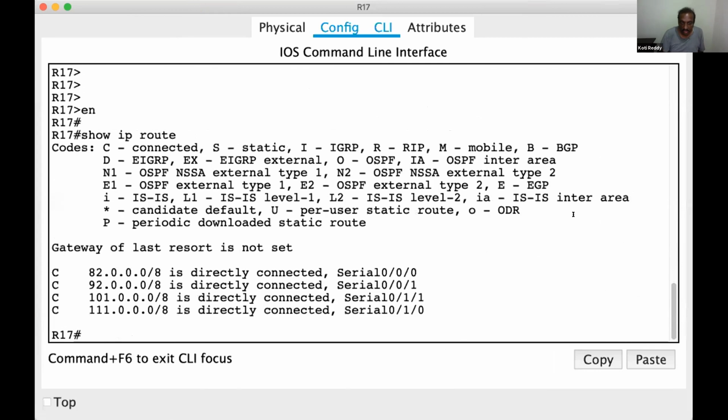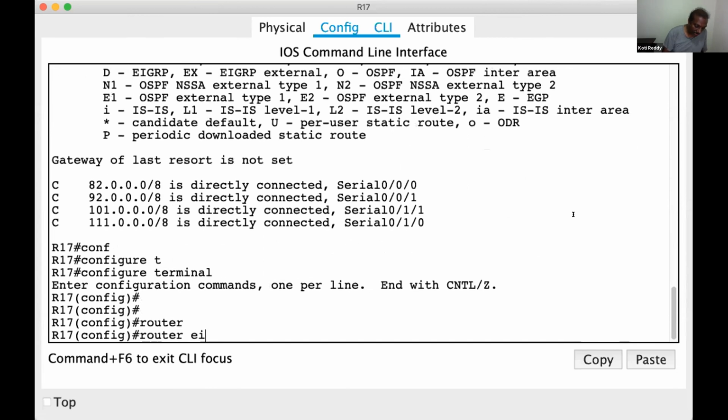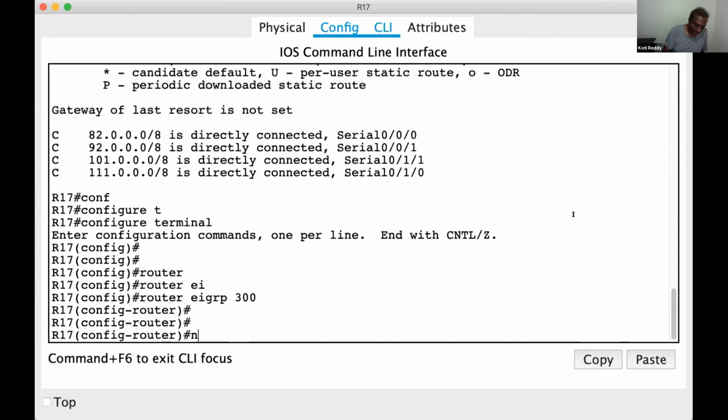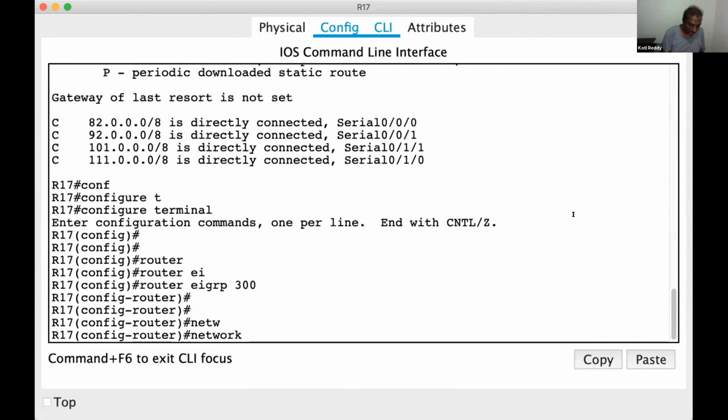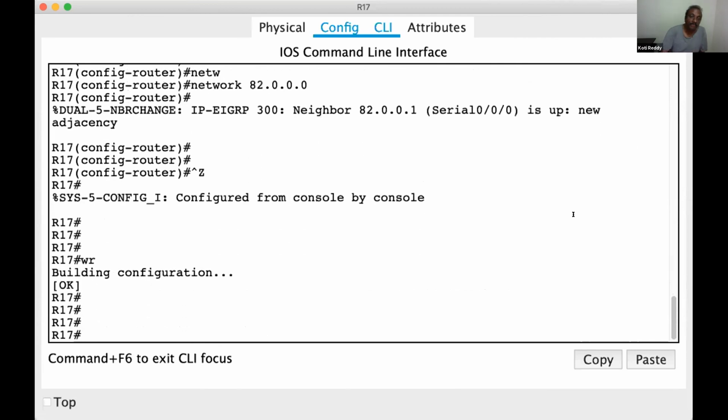I should enable on serial 0/0/0, the 82 network. I say configure terminal, router EIGRP 300, and I give the command network 82.0.0.0. So we configured EIGRP on all these three routers now.